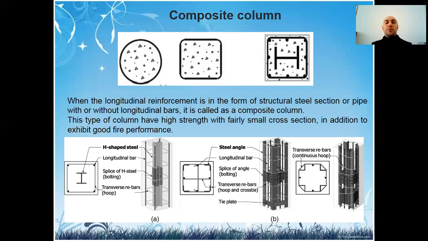The reason why composite construction is so good can be expressed in a simple way: concrete is good in compression and steel is good in tension. So by combining these two materials together, like you see in the pictures, structurally their strengths can be exploited to result in a highly efficient, lightweight design.